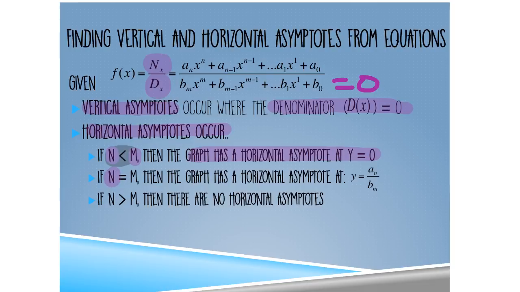If the degree of the numerator equals the degree of the denominator, then the graph has the horizontal asymptote at y equals the leading coefficient of the numerator over the leading coefficient of the denominator. As a reminder, leading coefficient is the number on the front of the variable with the highest exponent. And the last case is if the degree of the numerator is greater than the degree of the denominator, then there's no horizontal asymptote.